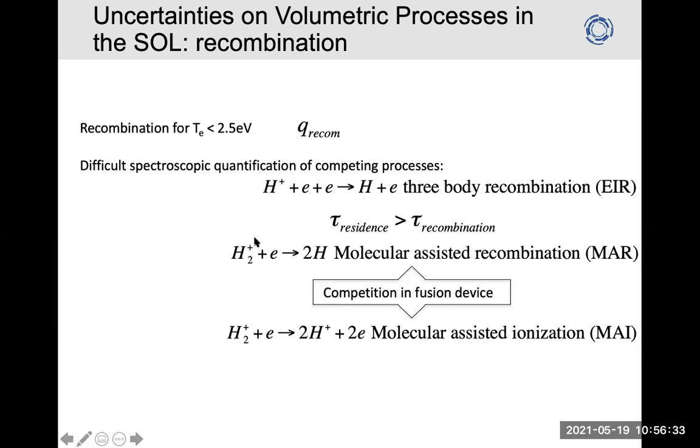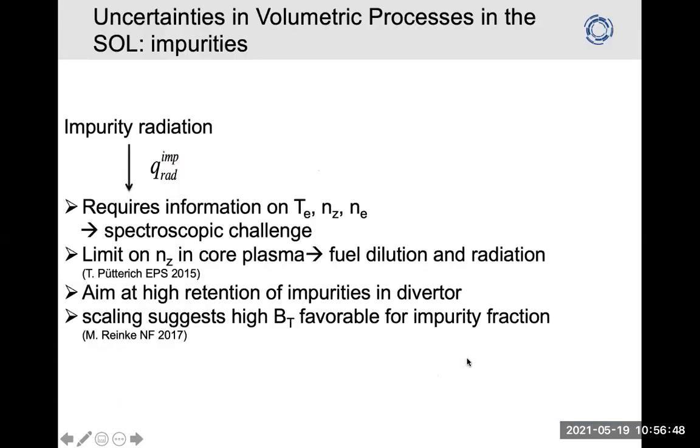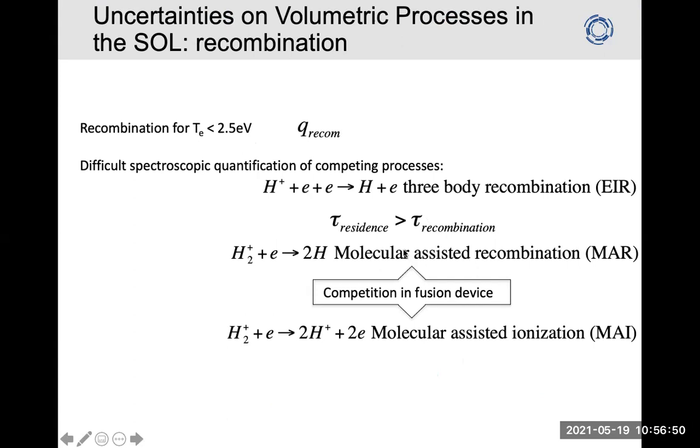Then the other process that is contributing to recombination is what I explained to you last time, this molecular assisted recombination process. It's in this table, it's this process here. It's just condensed to a shorter formula here. Yeah? So this is the ionized molecule plus an electron that produces 2 hydrogen atoms.